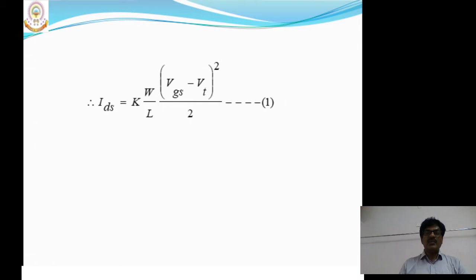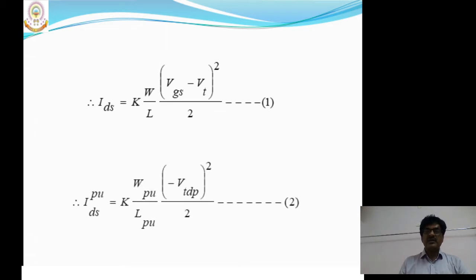Now apply this current to both pull up and pull down transistors. First, let me apply the equation to the pull up transistor. Here the pull up transistor is a depletion transistor. In the depletion transistor case, the gate is short circuited with the source. So VGS is 0.